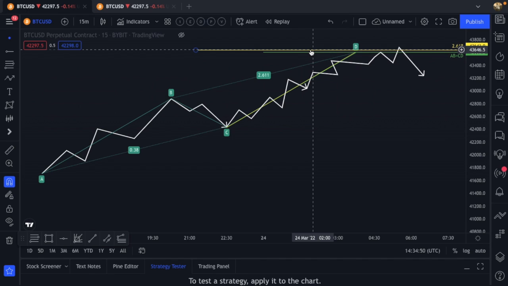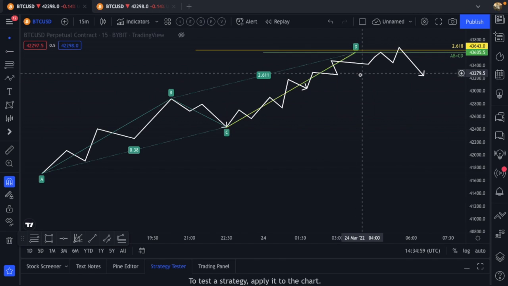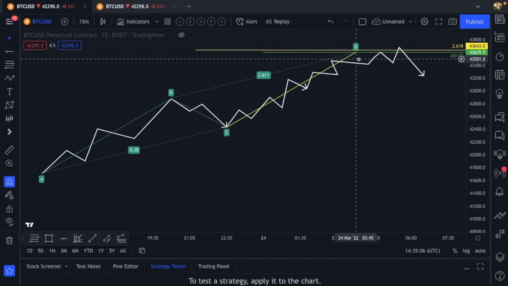Now, because, again, the ABCD is only a 4-point tool, we would only have this one reciprocal ratio that we're looking at here. That's it. So we have two lines or two levels that make up our zone.